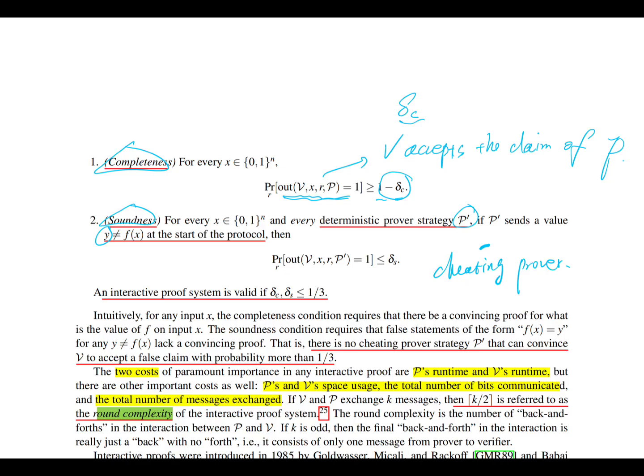Even if he gives the wrong answer, he wants the verifier to accept it. That is ridiculous, because the verifier should not accept it. So how can this be possible?